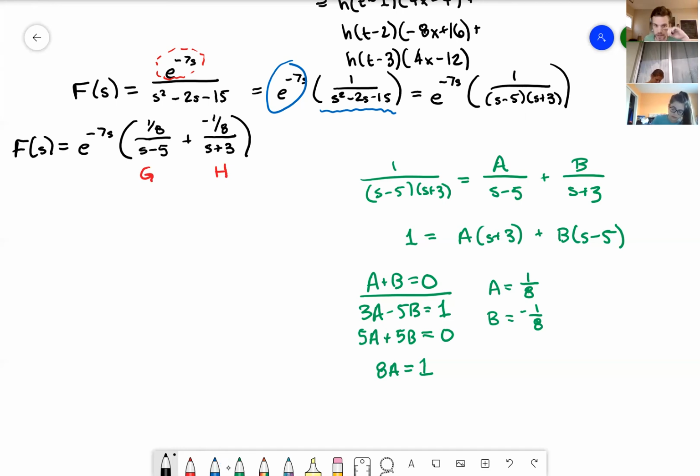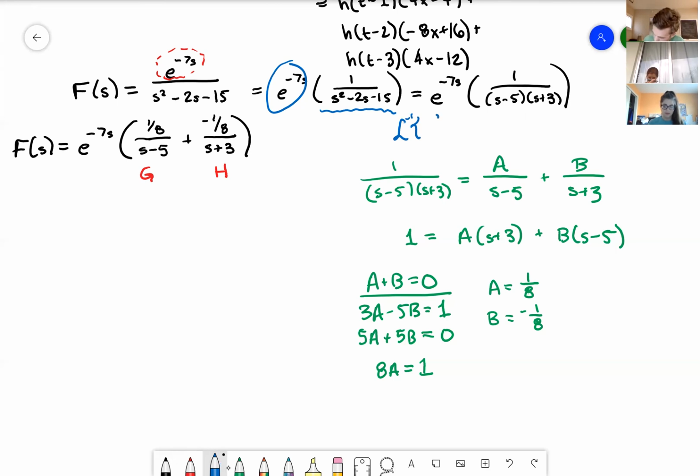So we have the Laplace transform of a shifted 1 over s. Well, we can think of that as a shifted 1, or we actually have a handy Laplace transform, so you don't have to think about it so much.